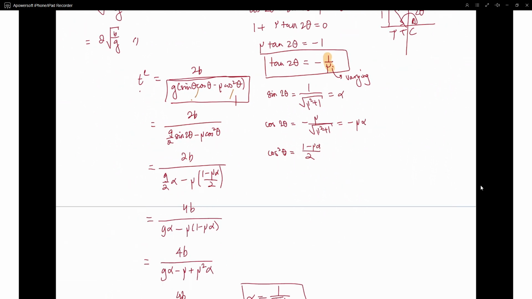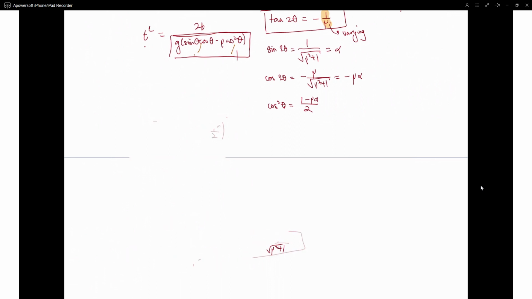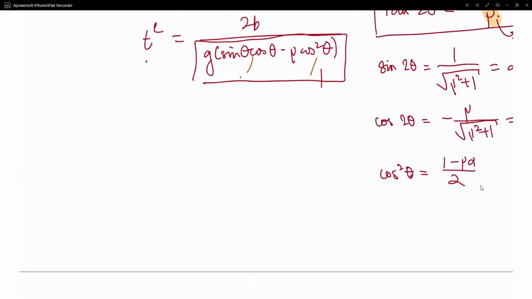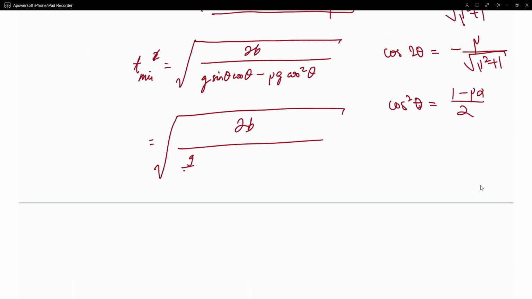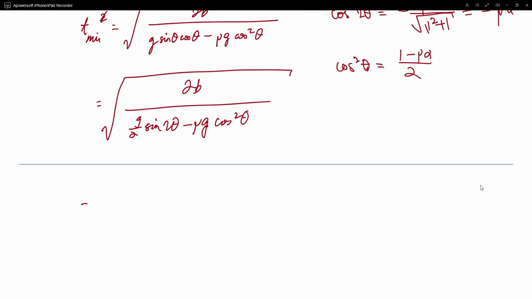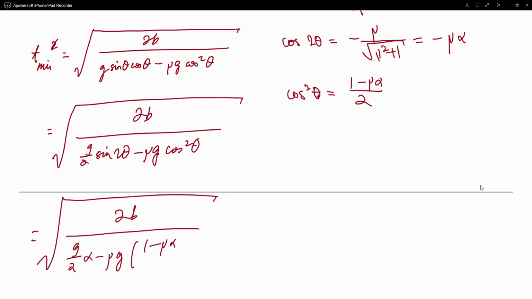Okay, so what we forgot to do is spread out the g. So this is actually going to be T minimum squared. It's going to be 2b over g, sine theta cosine theta minus mu g cosine squared theta, which is 2b over g over 2 sine 2 theta negative mu g cos squared theta, which is 2b over g over 2 sine 2 theta is alpha, negative mu g cos squared theta is 1 minus mu alpha over 2.